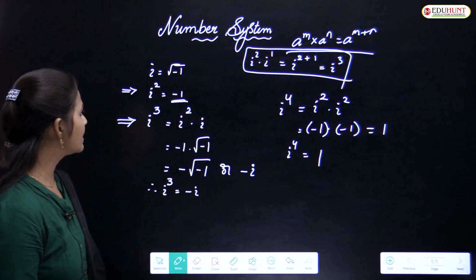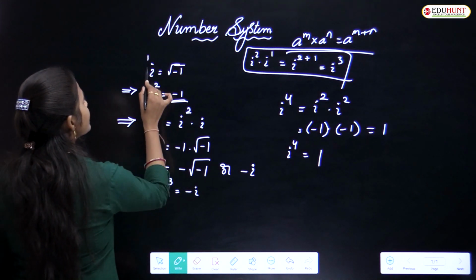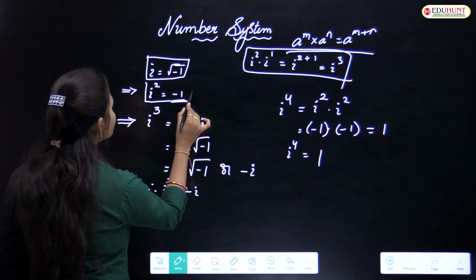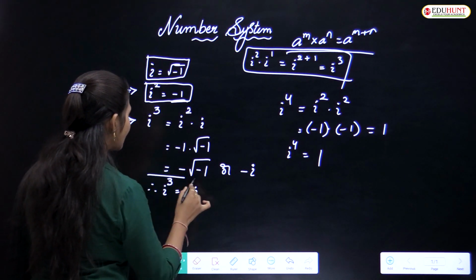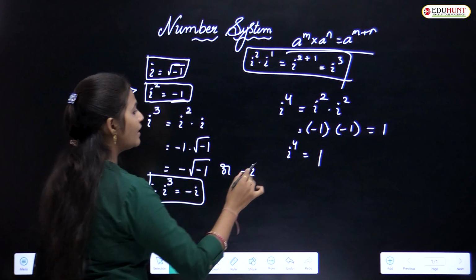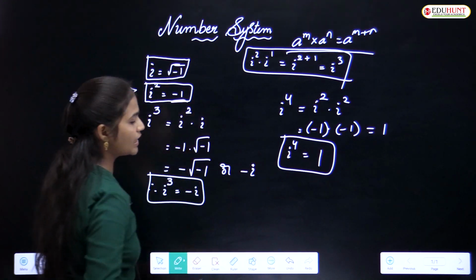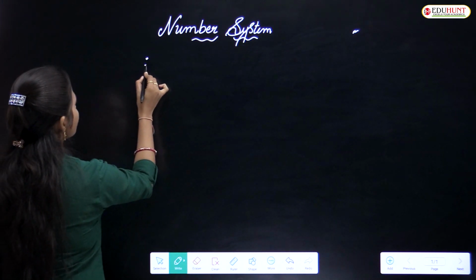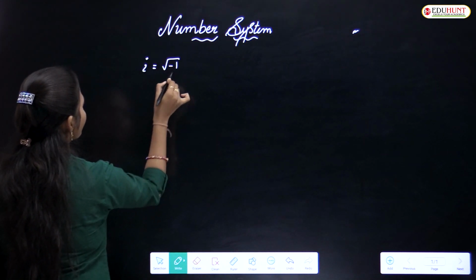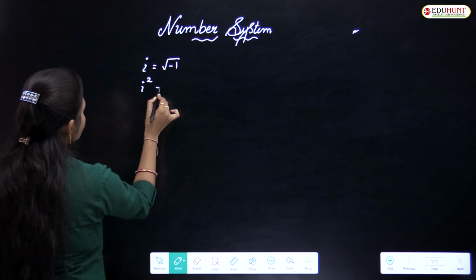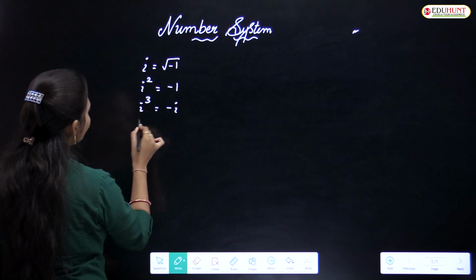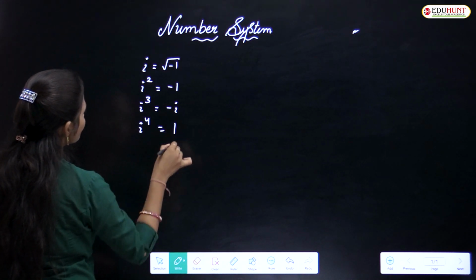So let us see the values: i is equal to square root of minus 1, i square is equal to minus 1, i cube is equal to minus i, i power 4 is equal to 1.